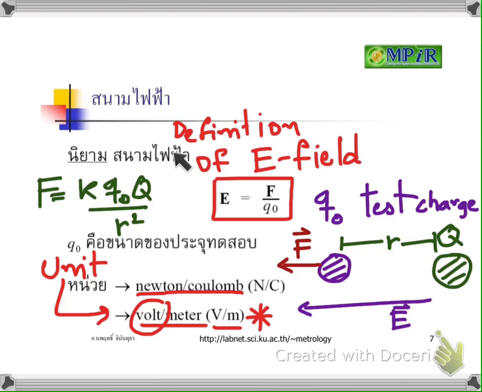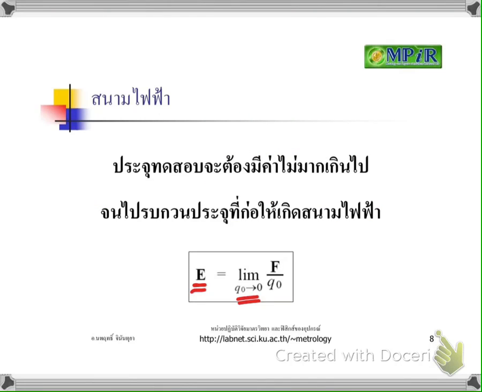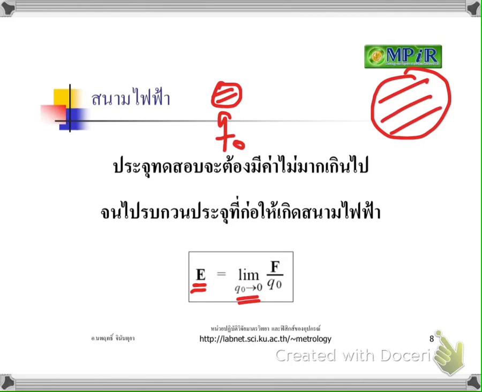And we can use this relation, but in general, we don't have real point charges. If we have an object, for example, if we have the test charge Q0 here, and it is a material that has charge on this object, and if I want to measure the electric field from this object, we have the big Q. The charge is big Q.